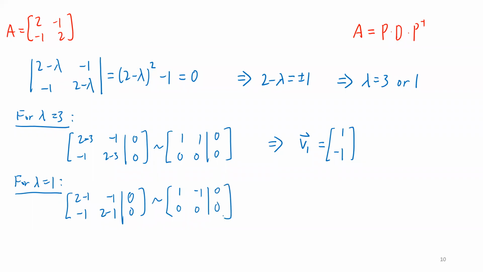This time, x1 minus x2 has to be equal to 0. Therefore the eigenvector corresponding to lambda equals 1 is given by (1, 1). So eigenvalues and eigenvectors are found.